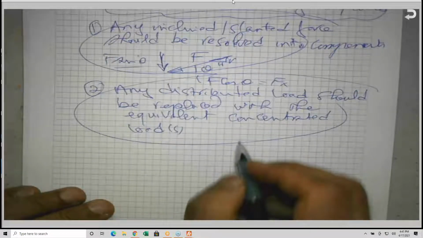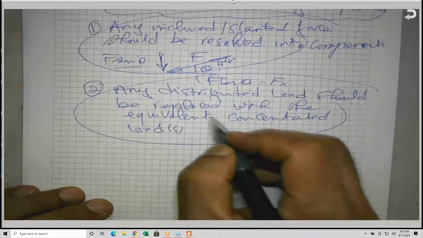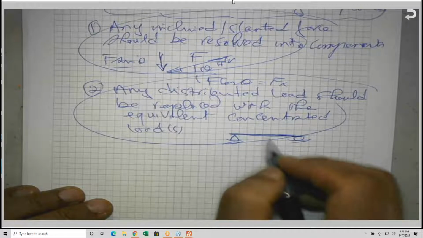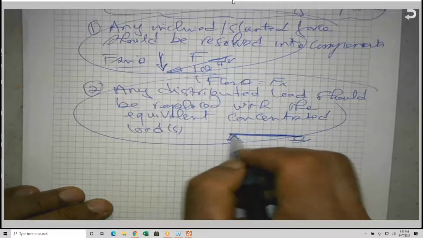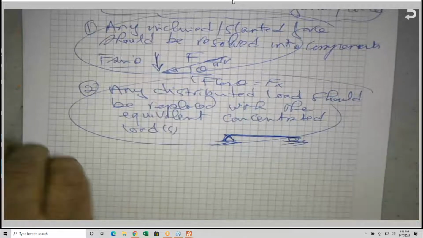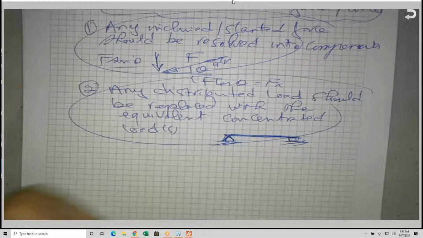For example, if you have a simply supported beam like this, this is a hinge, and this is a roller, and it is loaded with some kind of load.